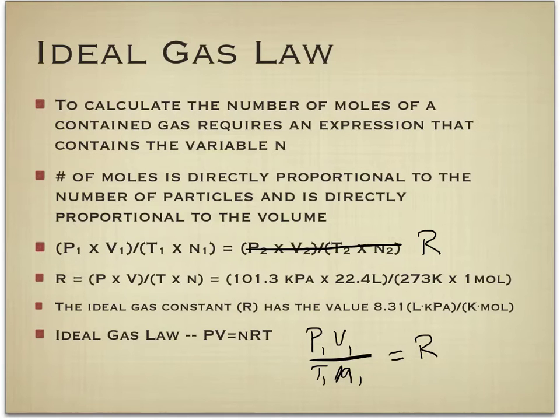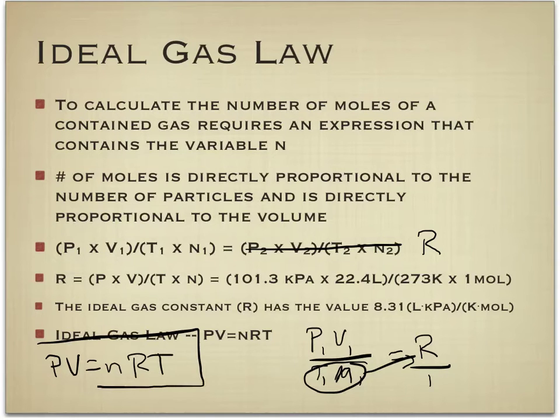If I cross multiply, this is over 1, I get PV equals nRT. So this is my ideal gas law. So far, while we have 3 laws before the combined one, really all you've got to do is remember the combined gas law, PV over T, and then the ideal gas law. Those are the main 2.